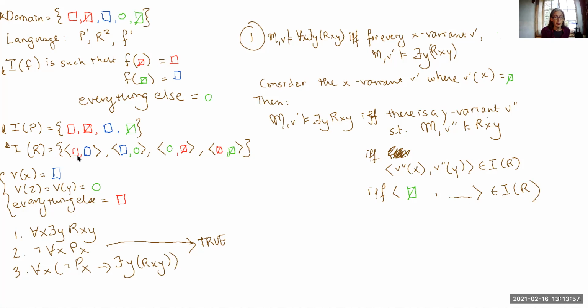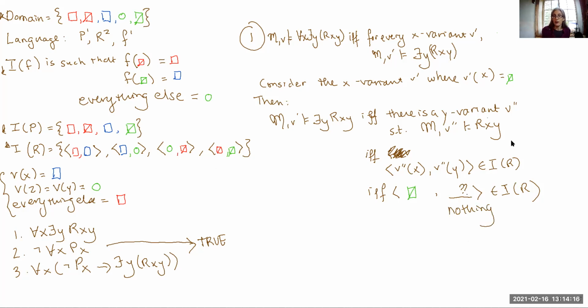If you look at our interpretation, at all of the pairs, the first element in them, none of them are the green slashed square. We have the red square, the blue square, the green circle, and the red slashed square. So there is nothing that we can put in here.